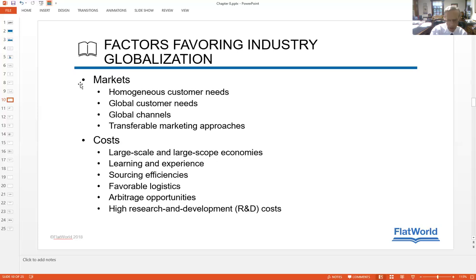To the extent that research and development costs are high, then it's great if you could do those activities in centralized locations and share them on a worldwide basis.